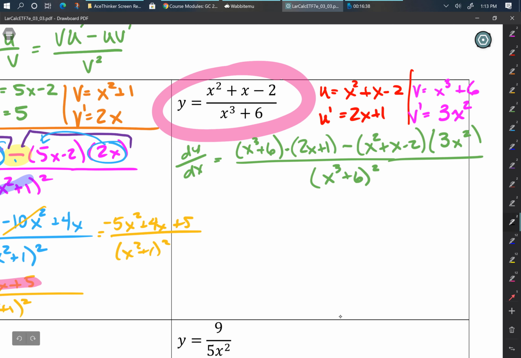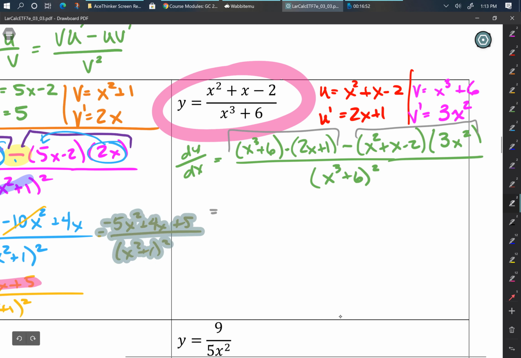All right, I'm just going to dig right into this. I've got a binomial times a binomial here. I've got a trinomial times a monomial there. And I'm just going to start working this thing out. I'm going to erase this to get it out of the way because I don't think we need it anymore. Okay.